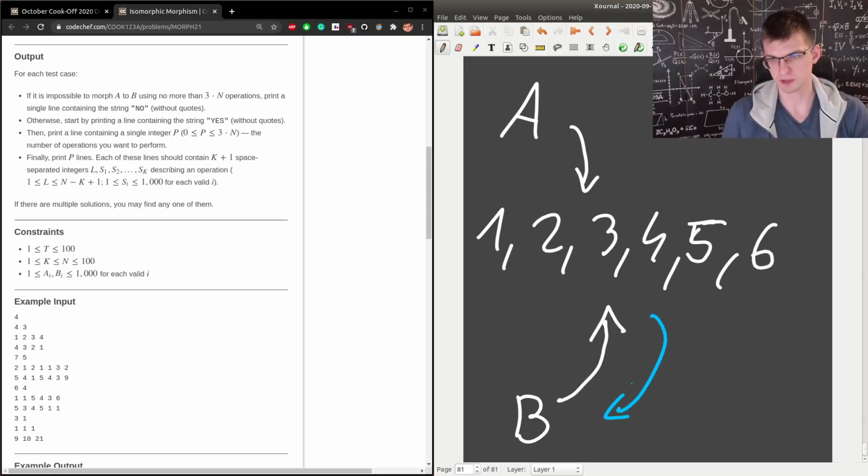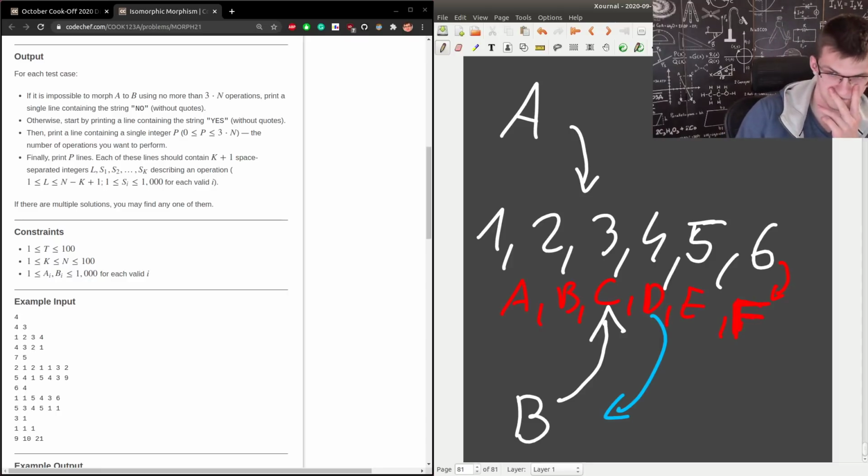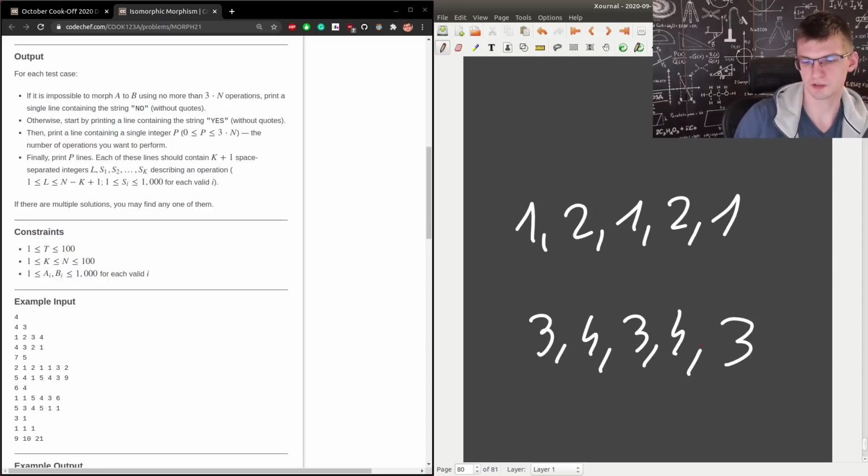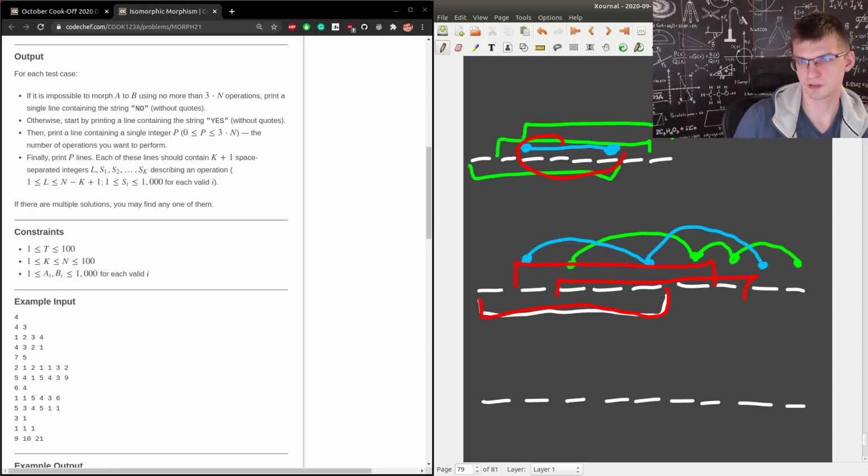There would also be some requirement about exact values. So maybe there is one extra step from this, create another sequence, another permutation. Okay, but what about this part?